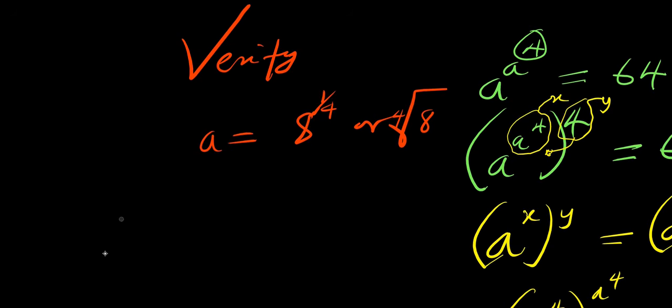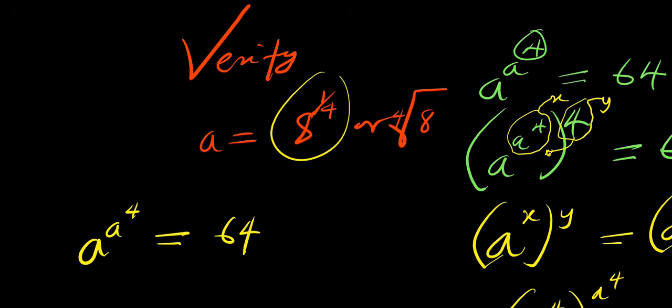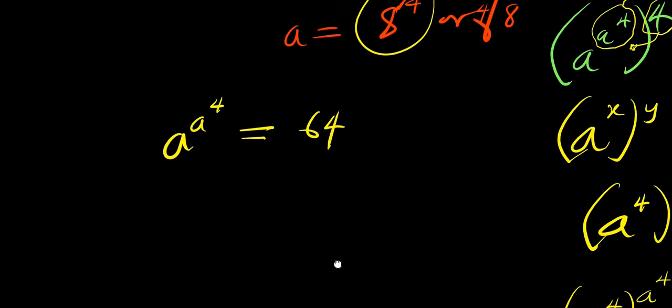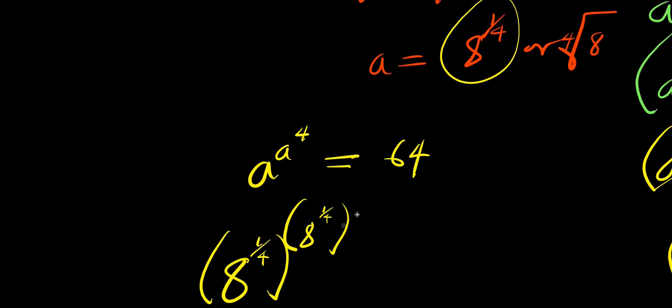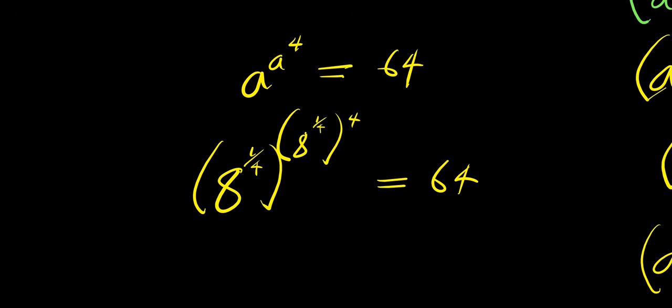So that means if you have a power a power 4 equals 64, let's substitute this for a. We have 8 power 1 over 4 raised to the power of 8 power 1 over 4 raised to the power of 4 equals 64. So this 4 eliminates the 4.